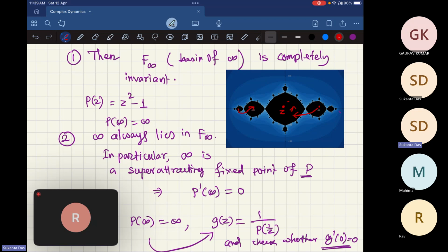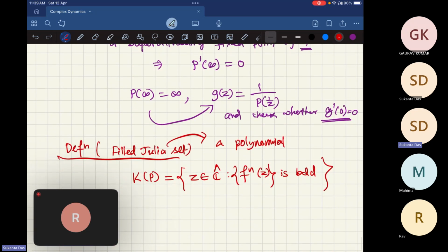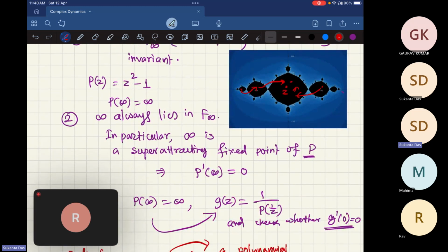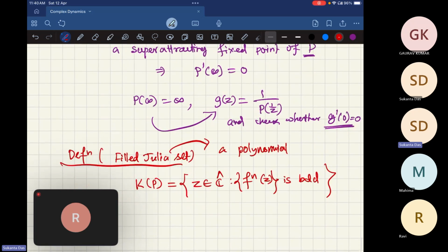If you take some point here, it will come first here, then comes here, and remains here. So that means the iterates of these points lie in a set which is bounded. That is why I am saying this is important for polynomials, and if I take any transcendental function, this actually doesn't hold, right? Okay, now, yeah, this is bounded, right.